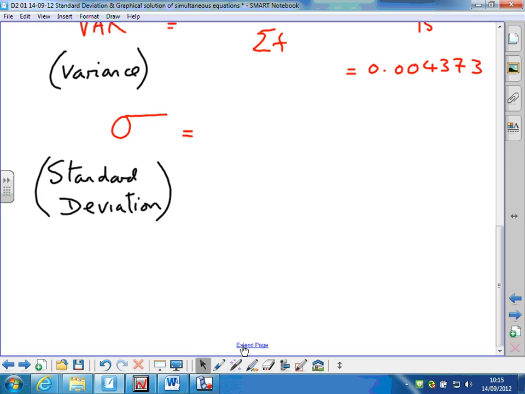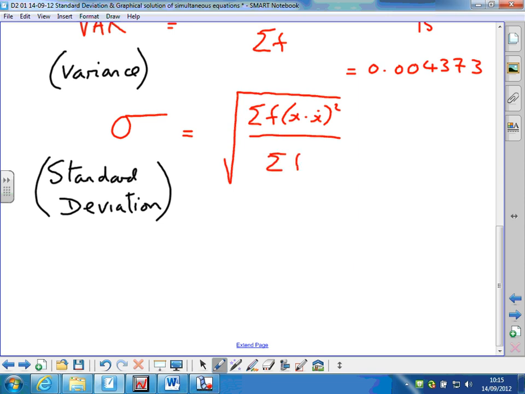It's given the letter sigma, and that's just the square root of the sum of f times x minus the mean all squared over the sum of f. So in other words, we just square root the answer we've got for the variance, and we get the standard deviation, which is 0.066. Done. That's the standard deviation.